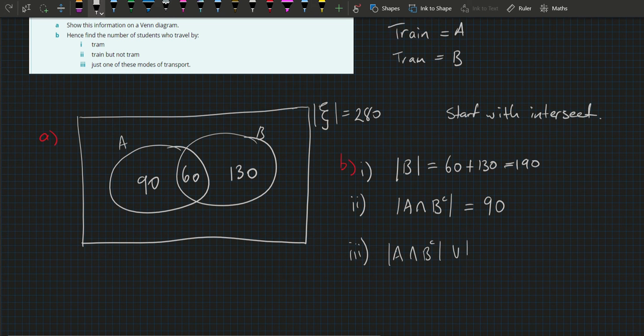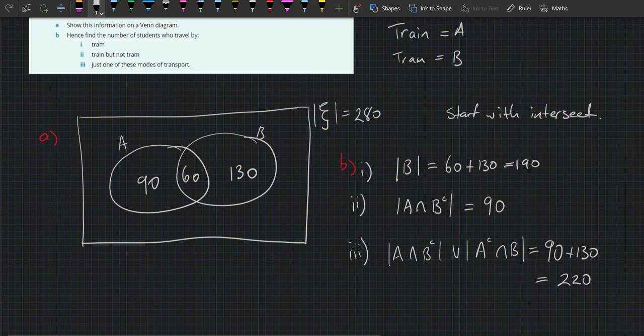Union with the intersect, not A intersect B. Okay, so this first one is obviously equal to 90, and the second one is 130. So that equals in total 220.